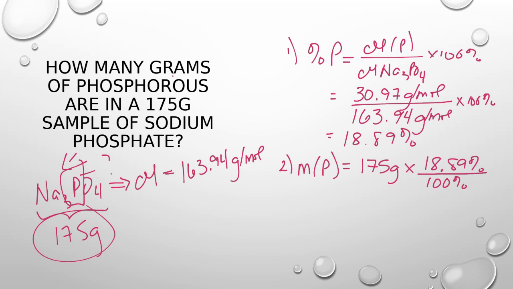You have to put those percentage values into a decimal form. So once we do that, then we multiply it by 175 grams. We get a total of 33.1 grams of phosphorus in that sample. And again, keep track of significant figures all the way through. We need 3 sig figs here due to the mass of the overall sample.